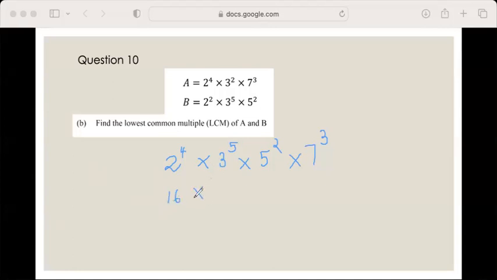And 3 to the power of 5 is 243. 5 to the power of 2 is 25. And 7 to the power of 3 is 343.